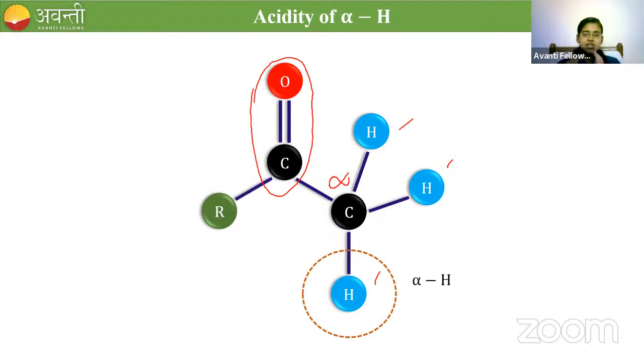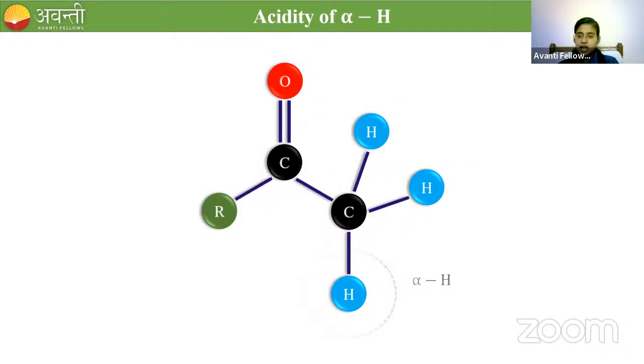The carbon adjacent to C double bond O is the alpha carbon. Now we are going to discuss the acidity of these alpha hydrogens. They are basically acidic in nature because they are adjacent to the C double bond O group. We all know that the C double bond O group is an electron withdrawing group.